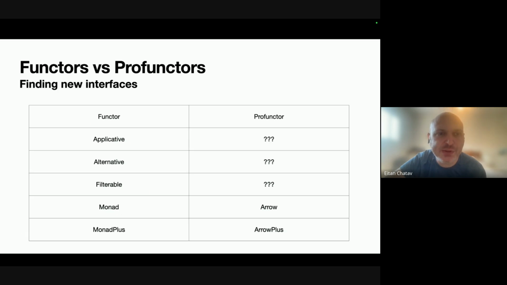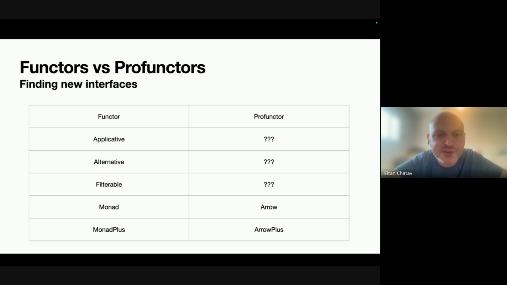All right, so let's think about our familiar, hopefully, functor interfaces and ask what of them we have analogs for. So for functor, its analog is profunctor. For monad, hopefully we've heard of arrows. And for monad plus, there's arrow plus.